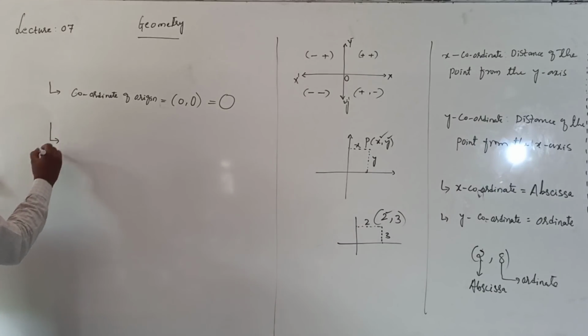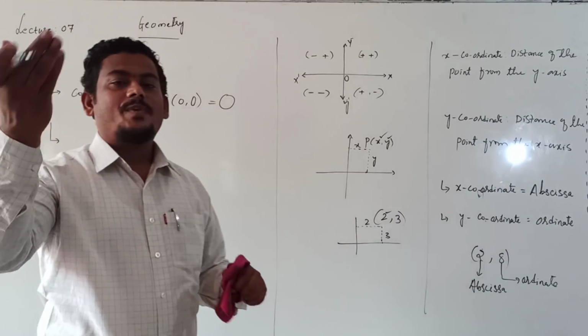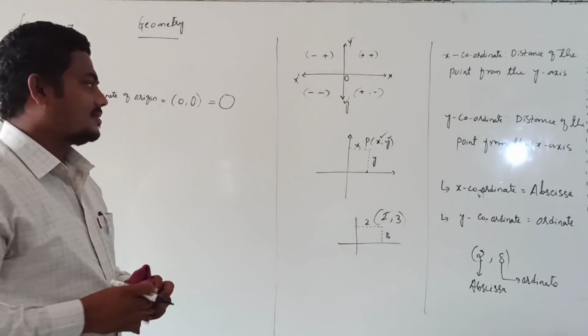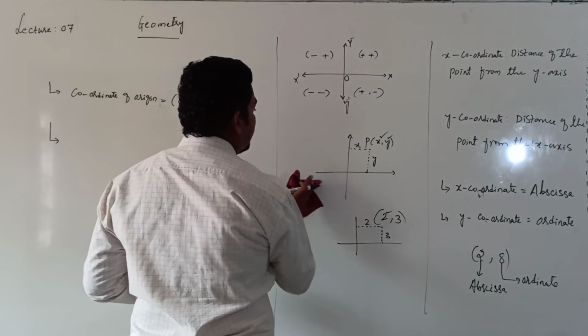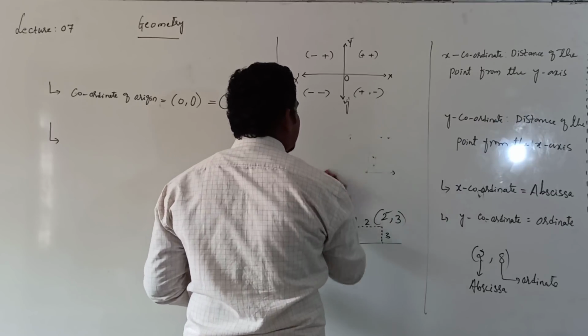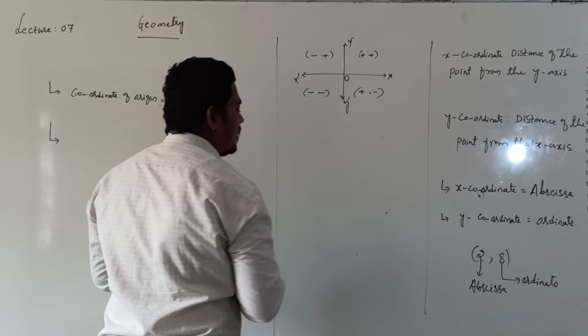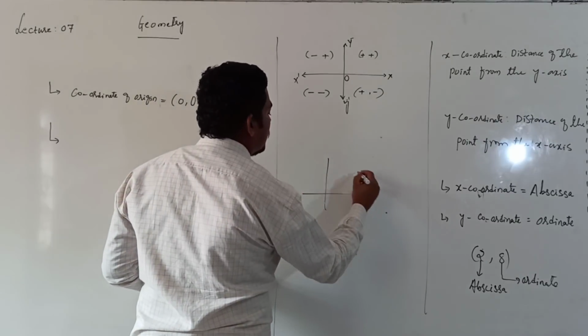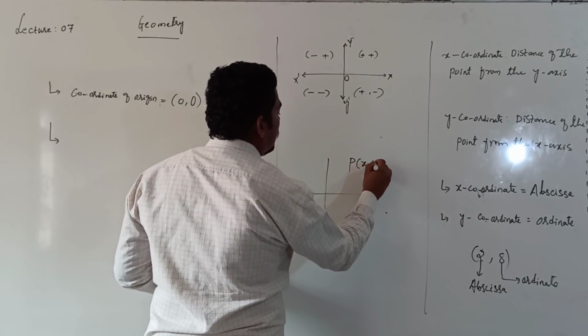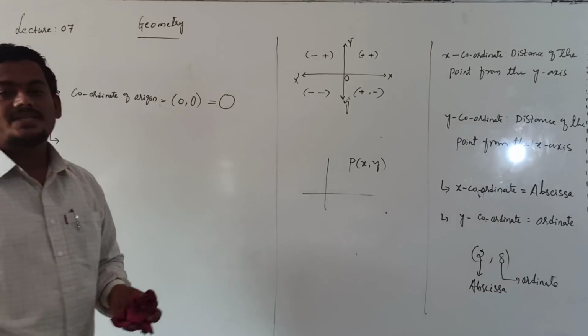Next, if you take any point on the x-axis, then what happens? For example, it is one point B of x comma y.